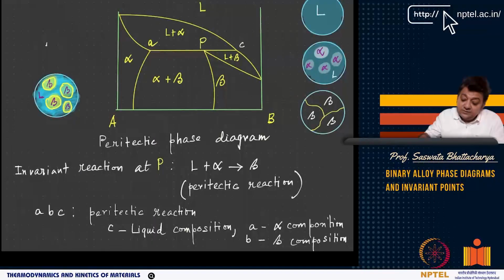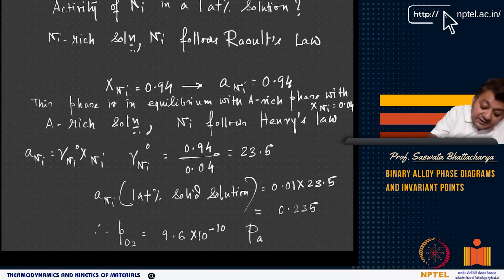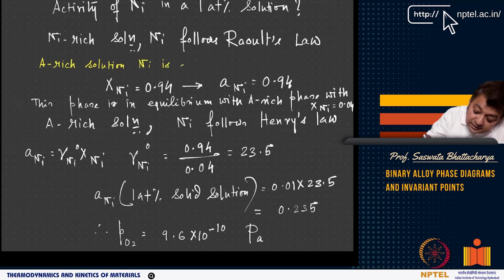So if you look at this, in the A rich solution, nickel is the solute, with XNi equal to 0.04, and in the nickel rich solution XA equals 0.06, right?